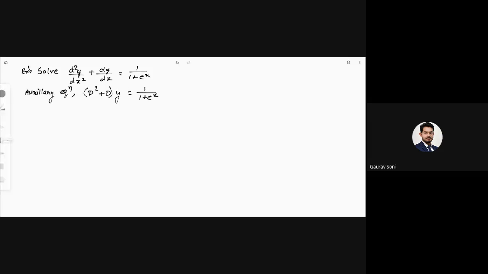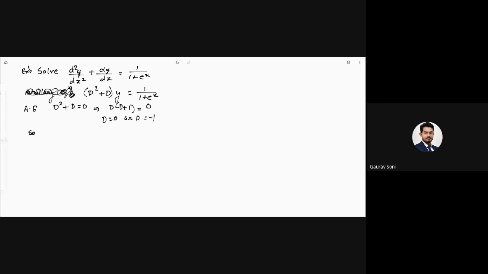Not the auxiliary equation. This is just the transformed equation of the above. So the auxiliary equation from this will be given by D square plus D is equal to 0. So that will be D into D plus 1. I have taken D common, is equal to 0, which means that D is equal to 0 or D is equal to minus 1. So we have got two roots, real and distinct.